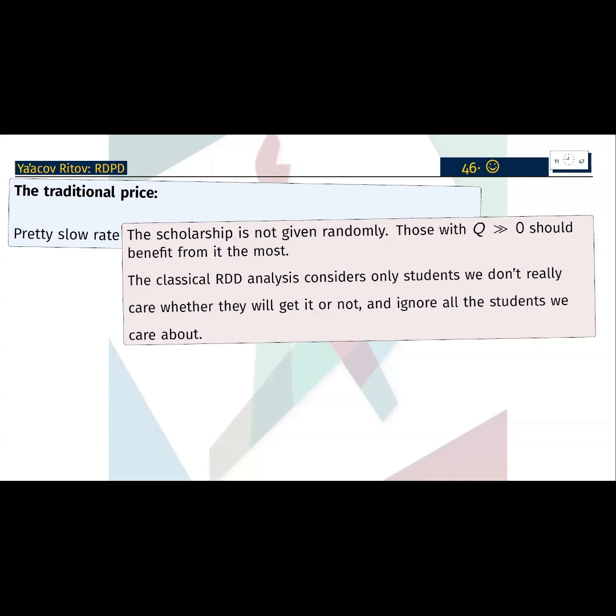There are students that are just borderline from our point of view. They may be admitted, they may not be admitted. That's exactly where we put the threshold. So in a way, if the threshold was put in any optimal sense, it will be exactly where the effect of the treatment is zero.